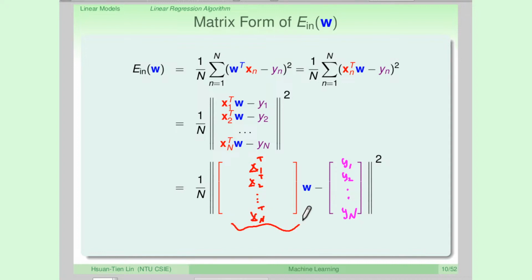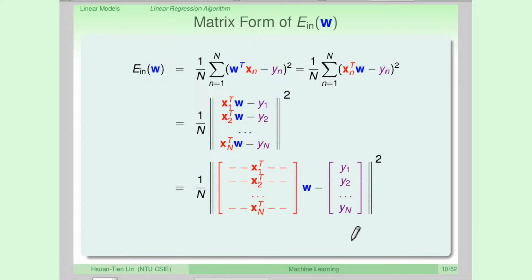What's this red guy? This red guy is a matrix with the input vectors as its rows. In our terminology, this is just the X matrix, the X matrix we have used to prove the perceptron learning algorithm. And I'm going to name this vector that contains all the y's that we're interested in the y vector.